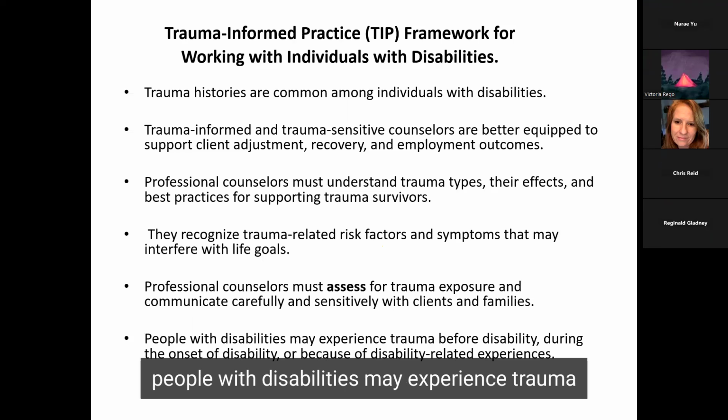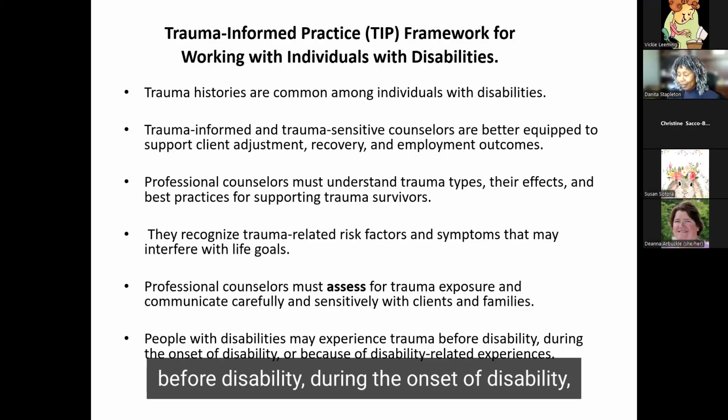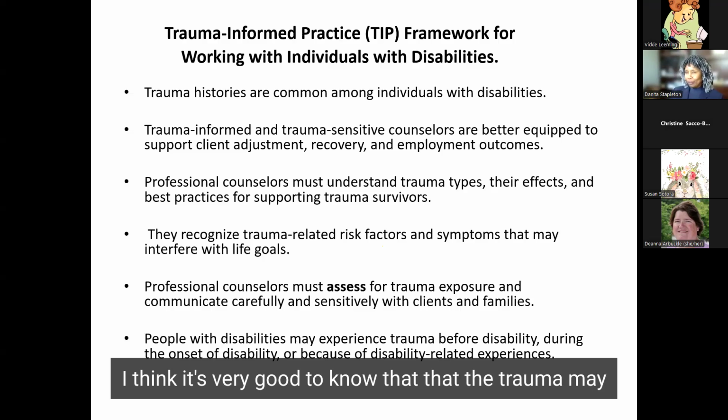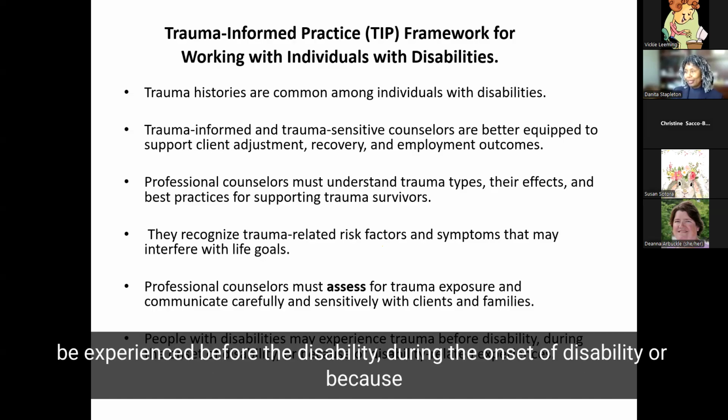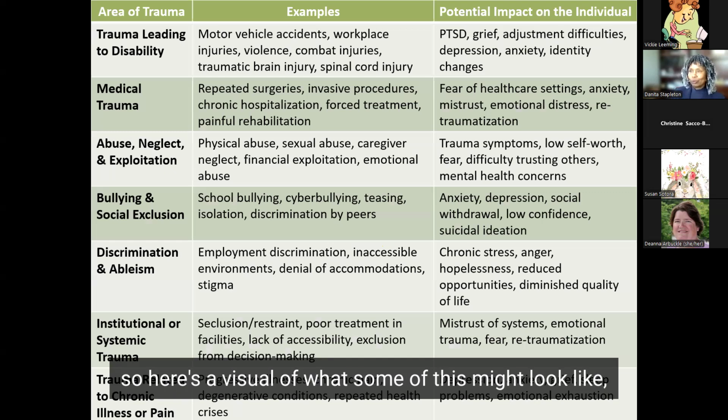People with disabilities may experience trauma before disability, during the onset of disability, or because of disability-related experiences. And so I think it's very good to know that. So here's a visual of what some of this might look like.